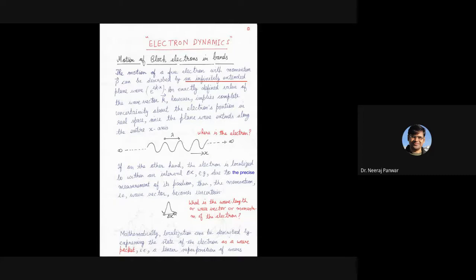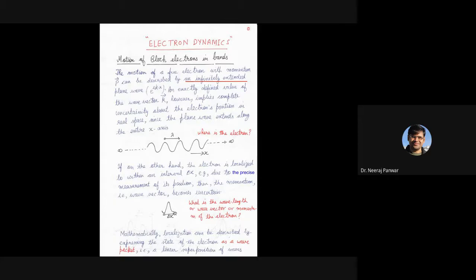If you know, earlier it was first considered that electrons are particles. So first the theory was that electrons are waves, then electrons are particles, then came the famous theory of de Broglie.